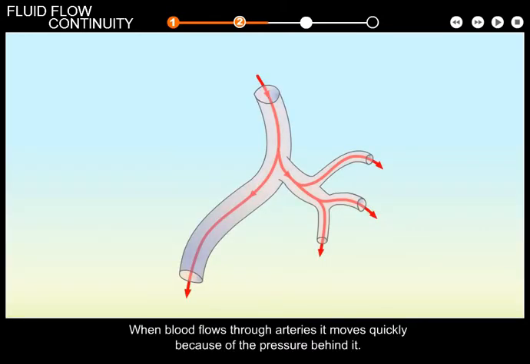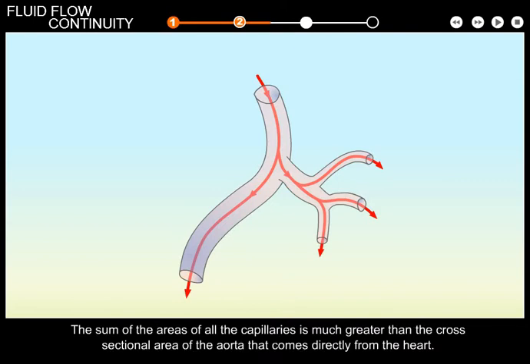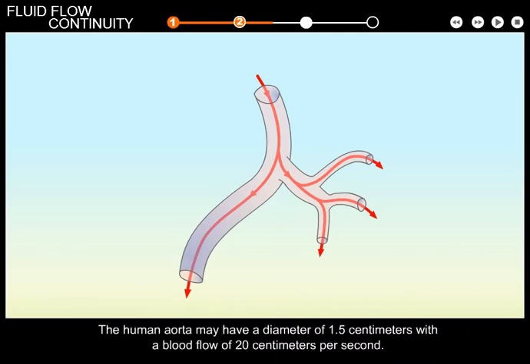When blood flows through arteries, it moves quickly because of the pressure behind it. When the blood enters a capillary, its rate is much slower. The sum of the areas of all the capillaries is much greater than the cross-sectional area of the aorta that comes directly from the heart. The human aorta may have a diameter of 1.5 centimeters with a blood flow of 20 centimeters per second.